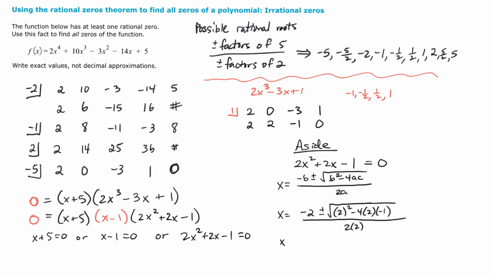Let's simplify this. x is equal to negative 2 plus or minus, we have 4 plus 8, which is 12. There's a perfect square in 12, it is actually 4, so we have 2 root 3.